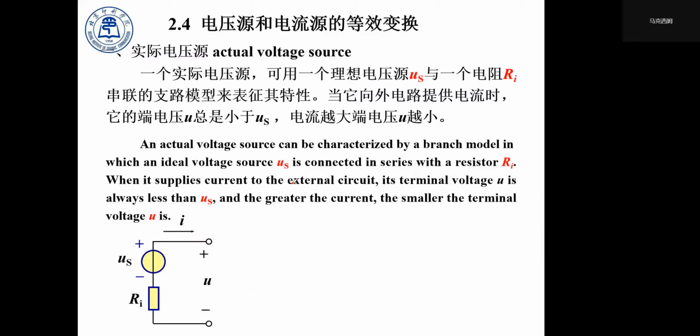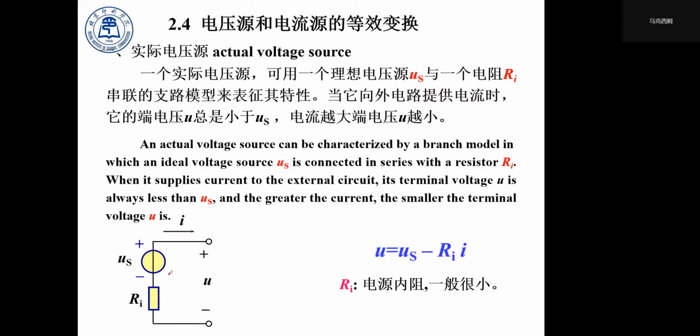So this kind of branch represents how it behaves like an actual voltage source somehow. So we can do it like this.